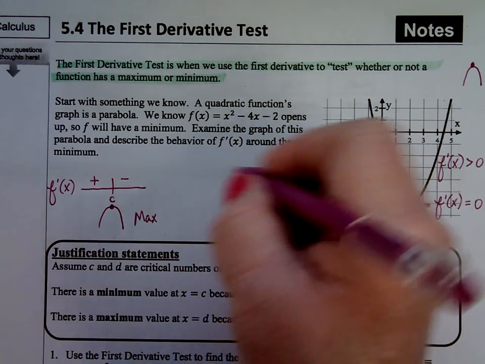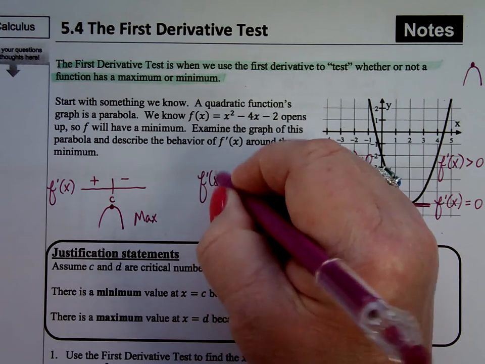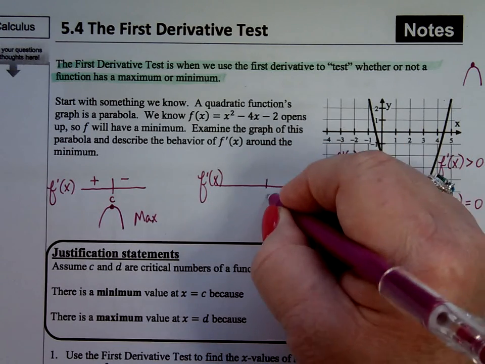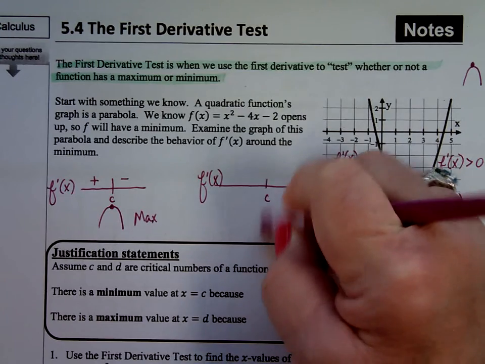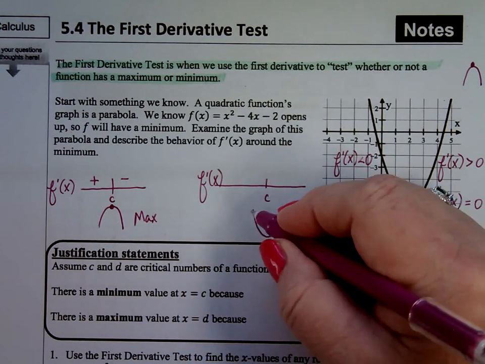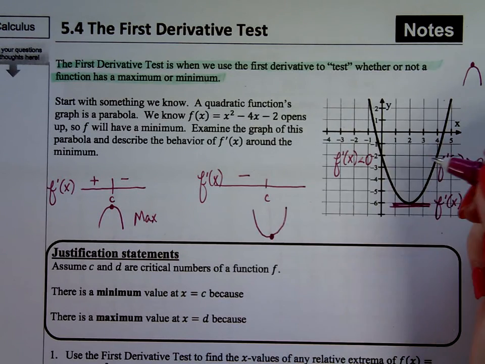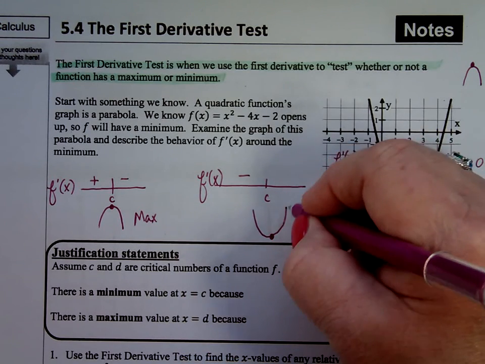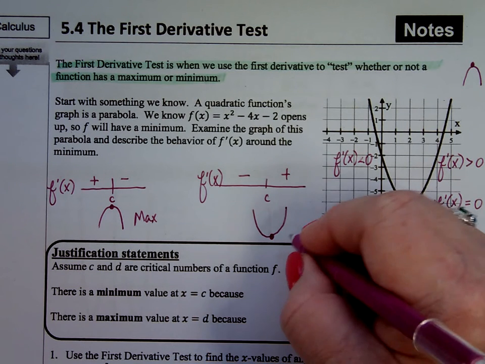If I have the other scenario, this is all from the first derivative, I have a critical point, and the graph is pictured like this, where it goes decreasing, negative first derivative, to 0, to increasing. That's going to give me a situation that creates a minimum.